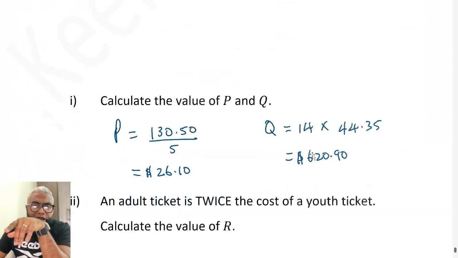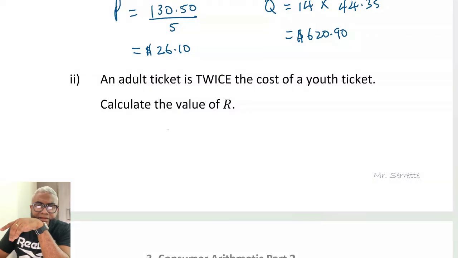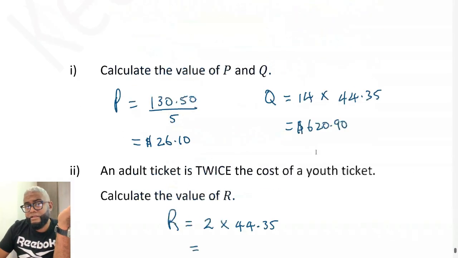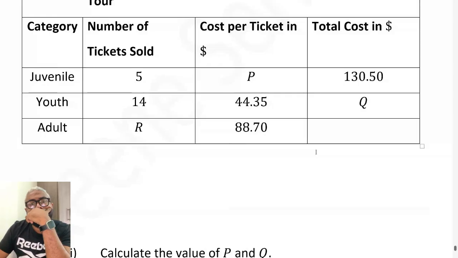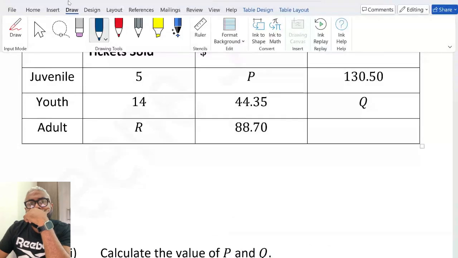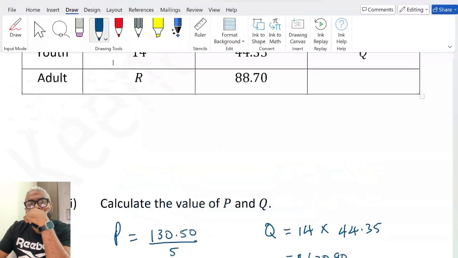Anyway, let me do what R is. Calculate R. They say the adult ticket is twice the cost of a youth ticket. It will be 2 multiplied by the cost of a youth ticket, $44.35, which gives $88.70.